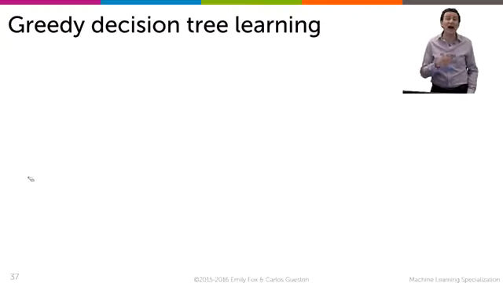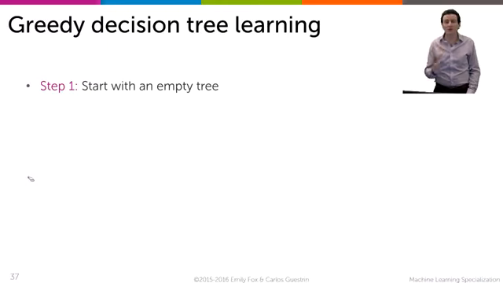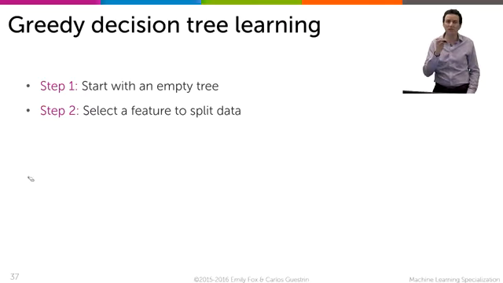We can now discuss at a high level the greedy algorithm for learning a decision tree. And it's a very simple algorithm. I start, say, with an empty tree, and I pick a feature to split on. In our case, we split on credit. So we decided to say, take my data and split on which data points have excellent credit, which ones have fair credit, and which ones have poor credit.